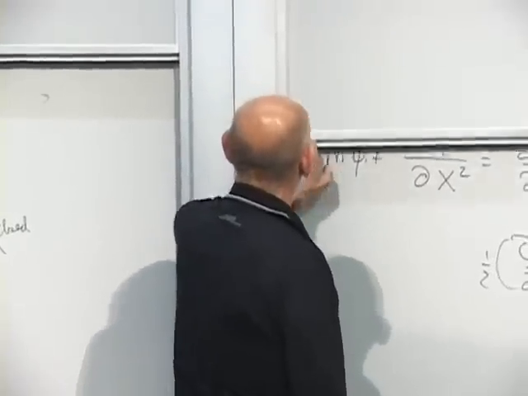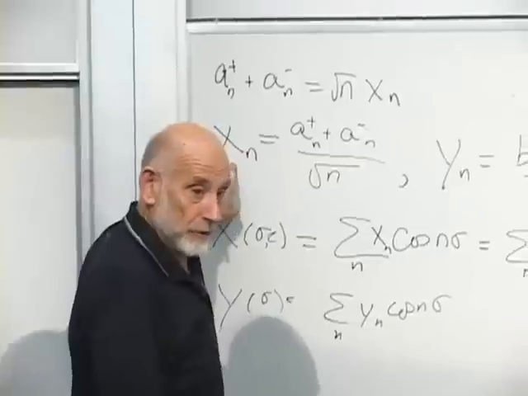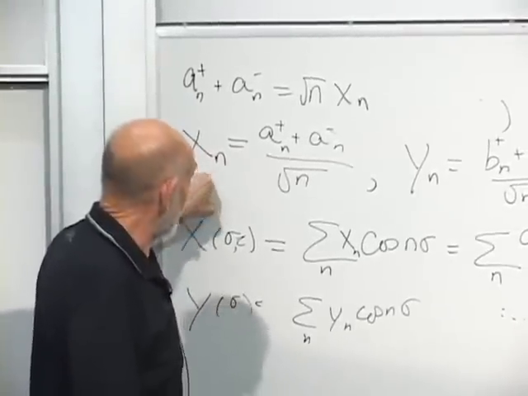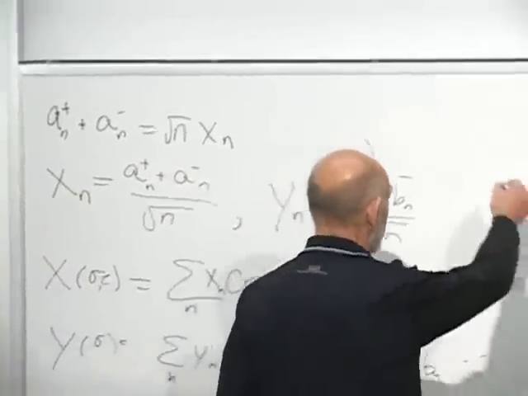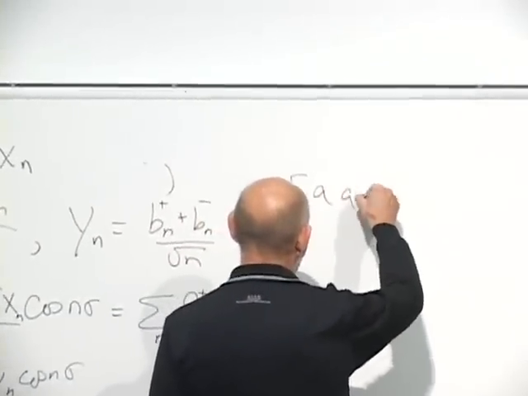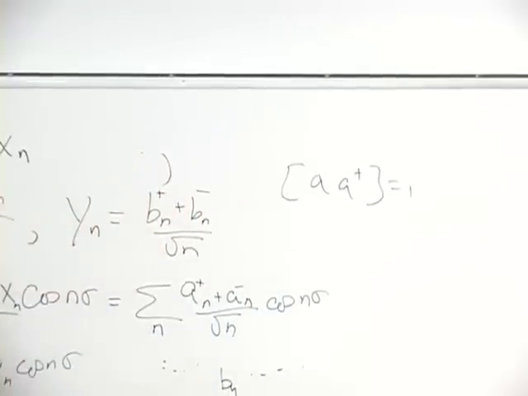What is x? X is a length, so it must have units of length. What about a creation and annihilation operator? Well, they have commutation relations: A A dagger is equal to 1. So what's the dimension of A?